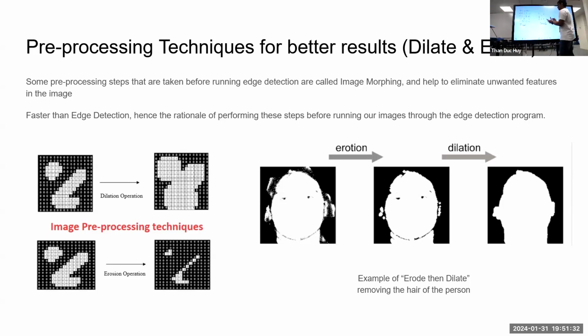So in the case of erosion, all the boundary zeros will remain a 0. Now, if we consider 1, so let's take that case.